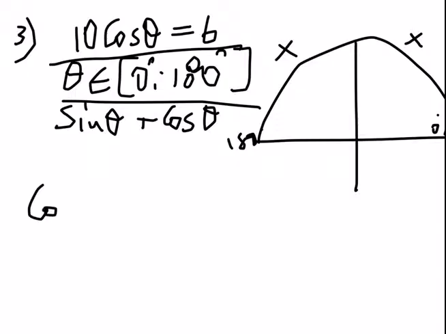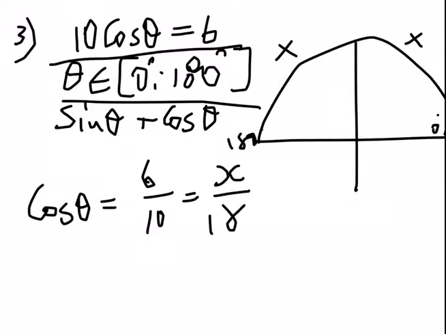Then you will rewrite it like this: cos of that will equal 6 over 10. And cos is the ratio of x over r. R is always positive, so according to this ratio, 6 is positive. That means it's in the quadrant where x is positive.